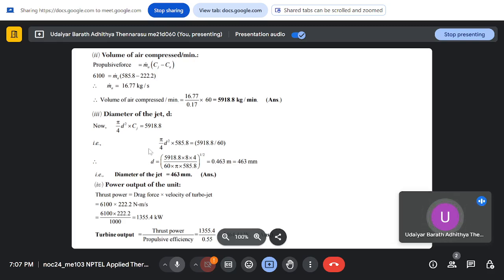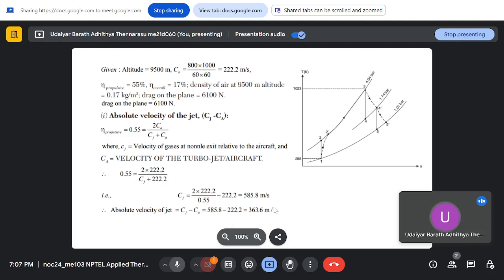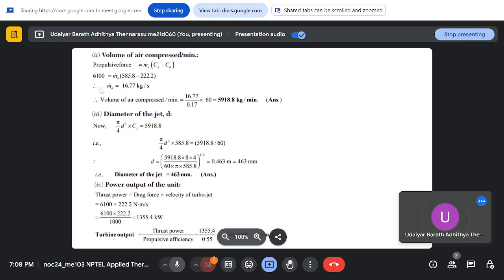So whatever thrust is generated is equated by the drag force. The thrust is mass into the velocity change, so m dot A into the difference in velocity equals the drag force, 6100 Newton. So from this, the air mass flow rate is 6100 divided by 585.8 minus 222.2, the absolute velocity which you have found out, 363.6. This comes out to be 16.77 kg per second.